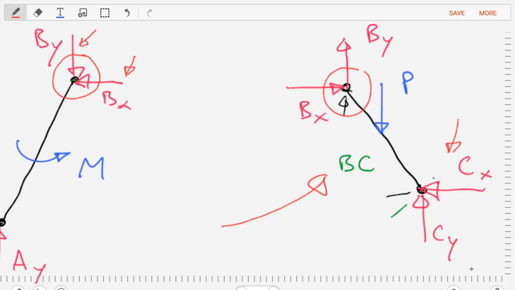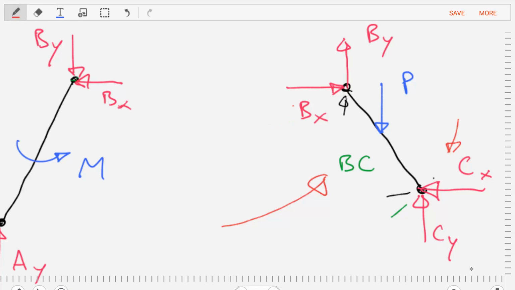So the BX we have here is now to the right, and the BY we have is now going up. Now this is key because when we go and analyze point B itself, we're going to need these internal forces, the forces that are transmitted through point B, to disappear. So we've defined that sense.